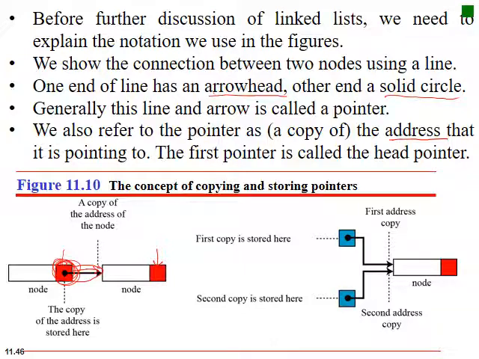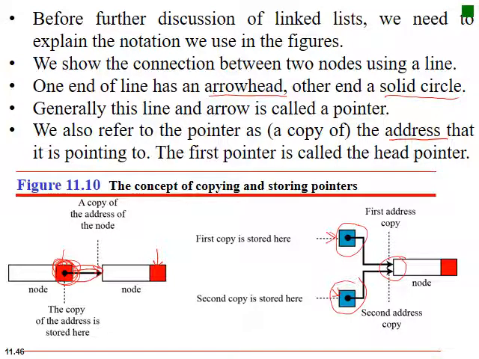Just note that it is also possible to have two separate pointers all pointing to exactly the same node. What does this mean? This is a copy of that there.